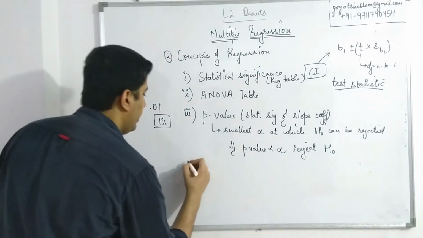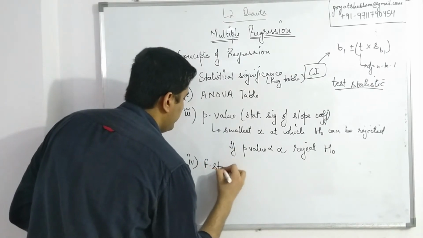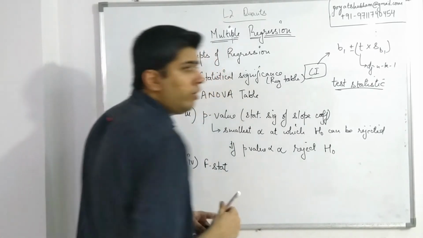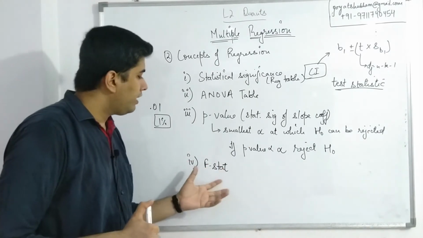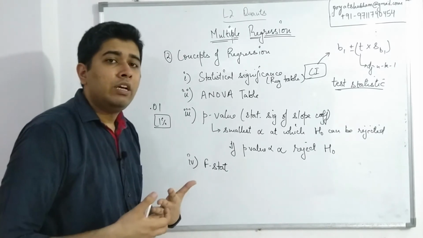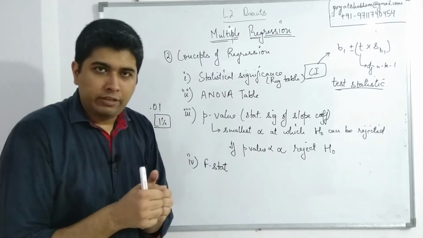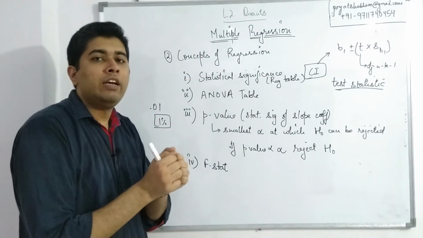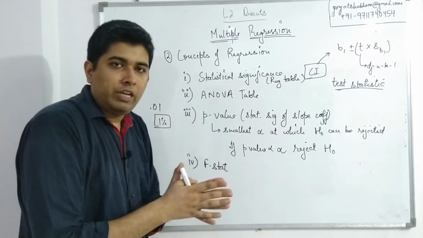Next up, we had f-stat. The formula was mean square regression divided by mean square error. Now f-stat is giving me an indication of how well all the independent variables together are able to explain or predict the movement of the dependent variable.